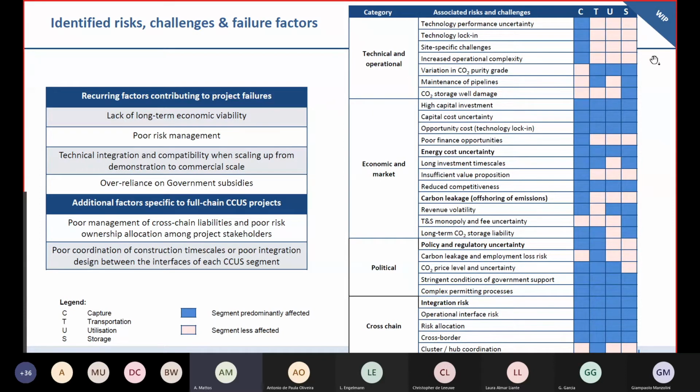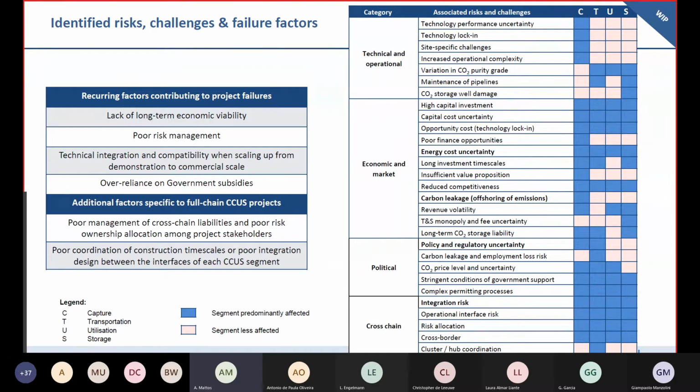So the right-hand table is a summary of the risks that we've pulled out, from technical ones, those associated with, for example, the equipment and the integration of a capture plant into an industrial facility, to economic and market risks. Typically, those are price uncertainty risks, and finally cross-chain risks. I won't go through all of these.